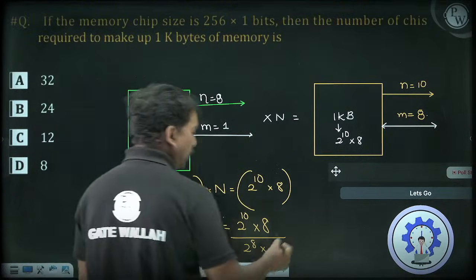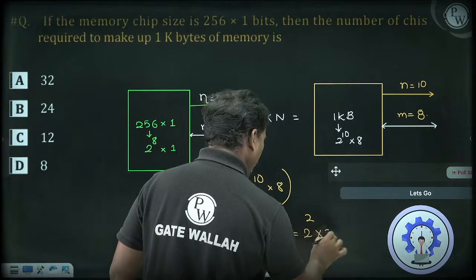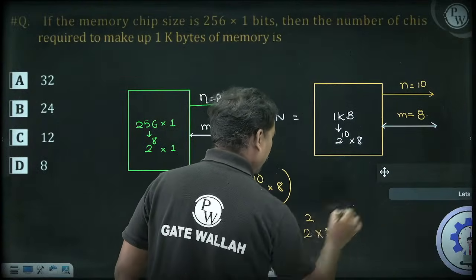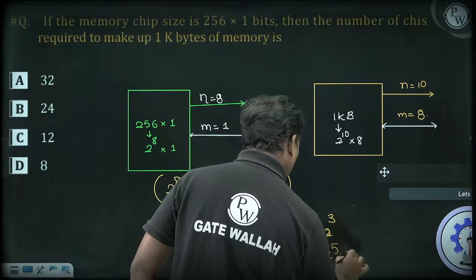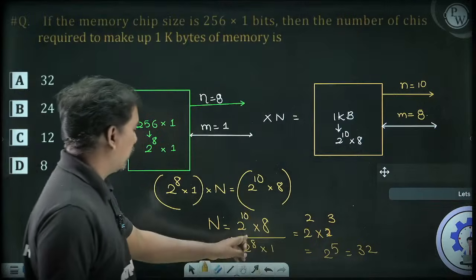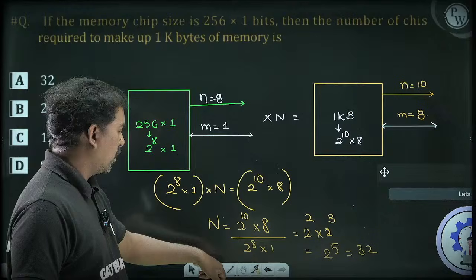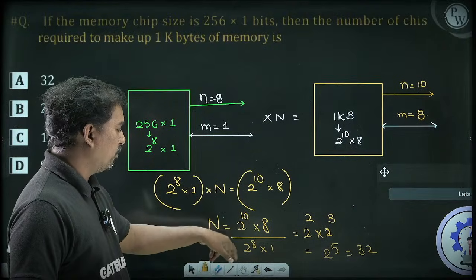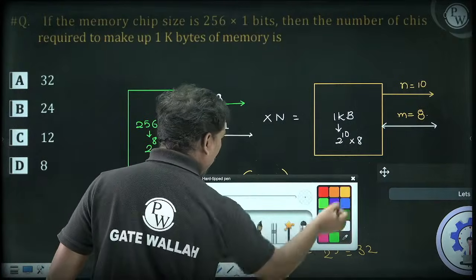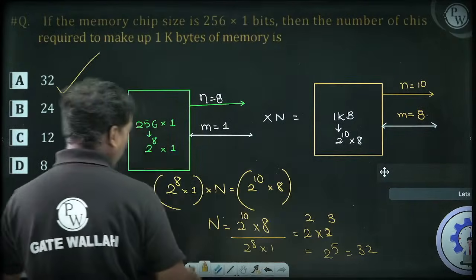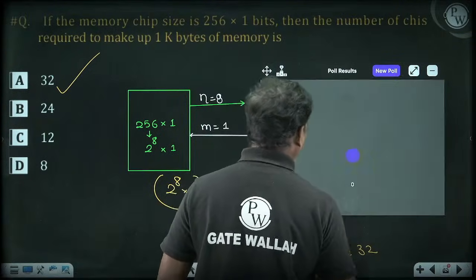That becomes 2 power 2 into 2 power 3, which is 2 power 5, that means 32 chips are required. So the right answer is 32 chips, option A.